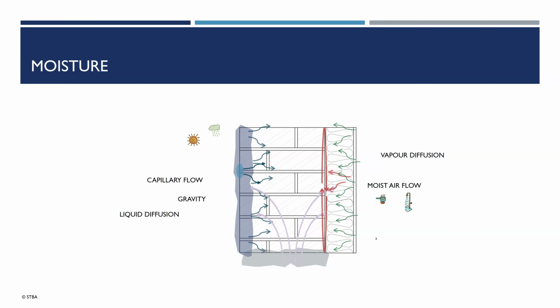You can have gravity and liquid diffusion through open joints, and then you have this not very user-friendly term, solar-driven vapor diffusion, or sometimes called reverse condensation, really describing a phenomenon that can occur in, let's say, typical spring weather, where you get driving rain on a masonry wall and then the sun comes out.